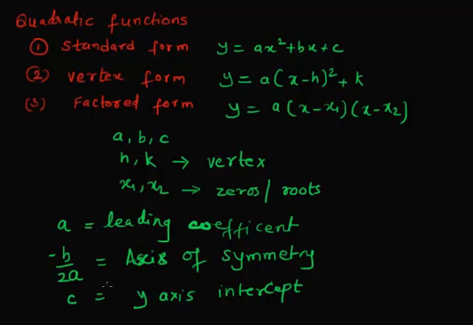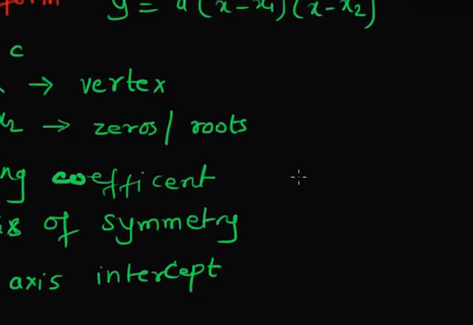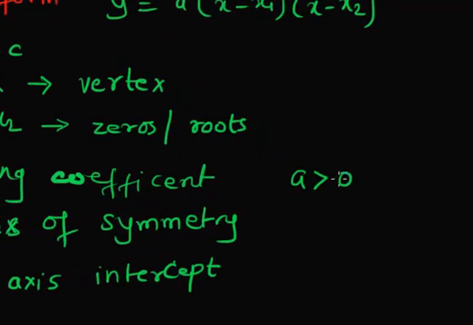These a, b, c are very important terms because they help us to know about so many things of the quadratic function. For example, this a. If a is greater than 0, a is positive, I get the quadratic function's graph as the U shape, which is like this.